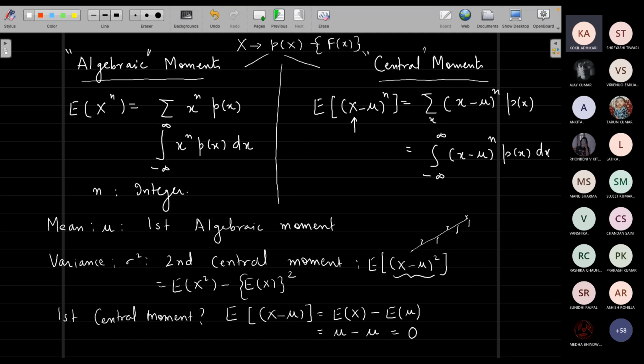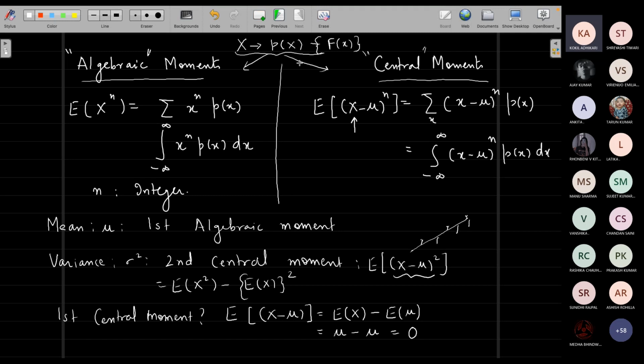And then we are describing several important quantities which describe those distributions. So algebraic moments and central moments are generally used to describe any particular probability distribution, maybe a probability mass function or a probability density function. This is what you do in your experiment to compare.